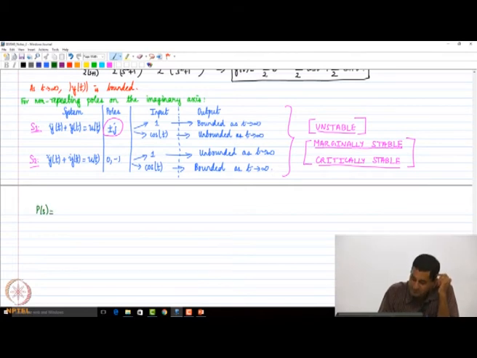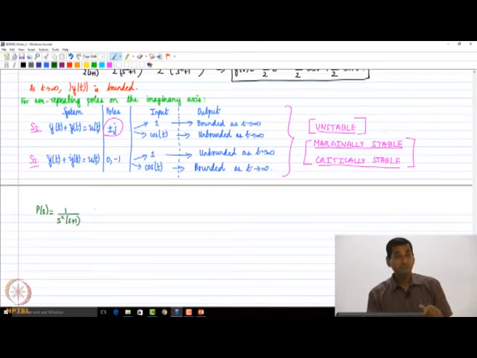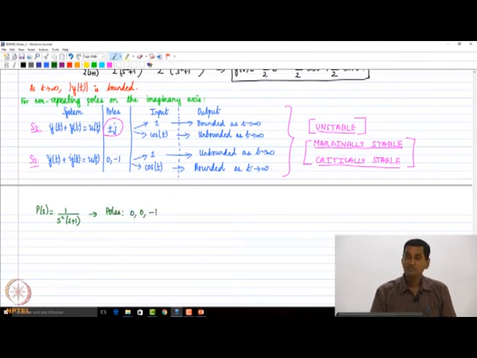Yeah. So for example, I'm just considering this as an example, if you have a repeating pole, what are the poles of this transfer function? You have 0, 0, minus 1. So with repeating poles, this system is unstable. One can show that.